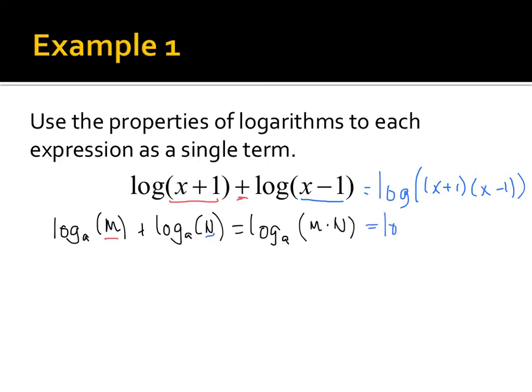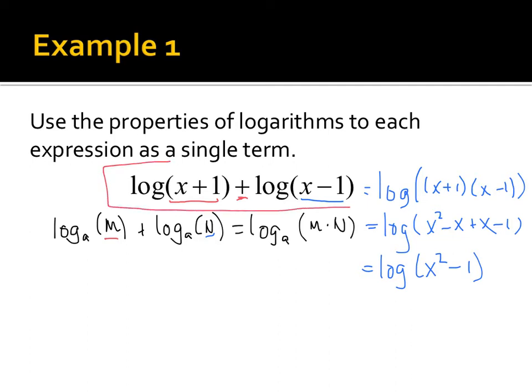You know how to multiply this out: it's x squared minus x plus x minus 1. After you simplify, you get the log of x squared minus 1, and that would be the answer. So you see, we took a sum of two logarithms and wrote it as a single logarithm. That's the goal for today.